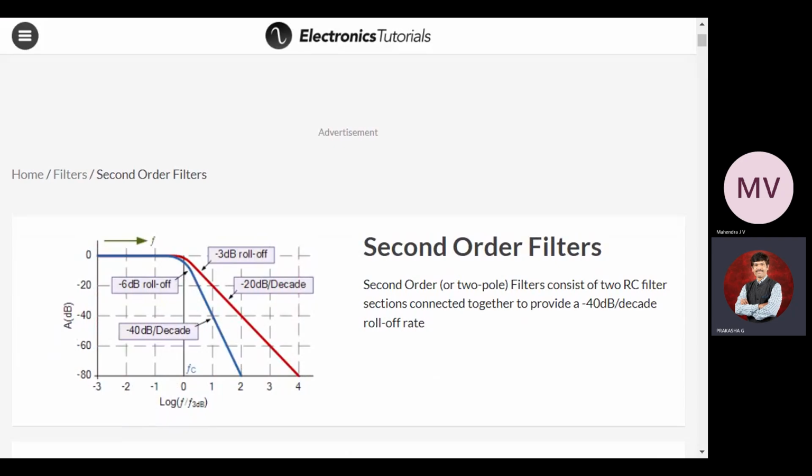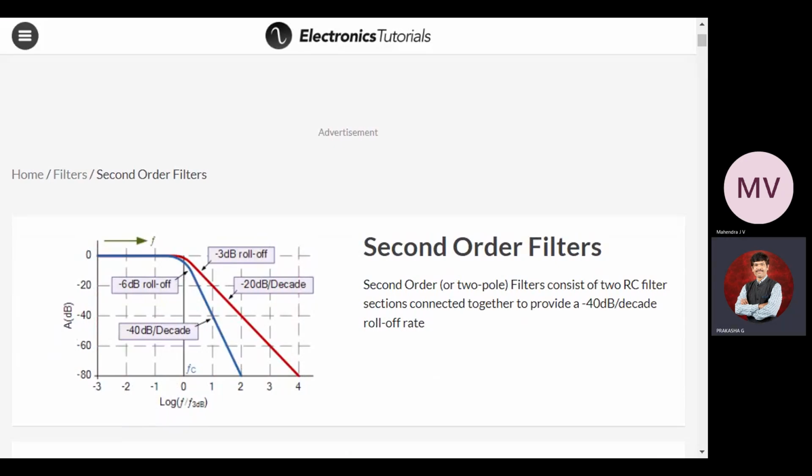This is the gain of the low pass filter when the input is connected to the non-inverting terminal. But when the input is connected to the inverting terminal, what is the gain? Minus RF by R1. This is for the inverting input, and the earlier one is for the non-inverting input.